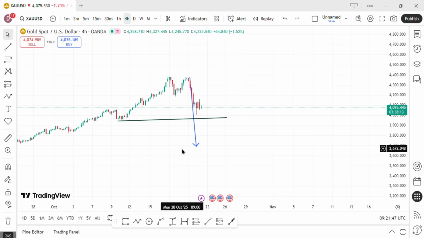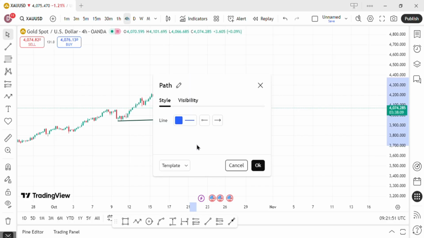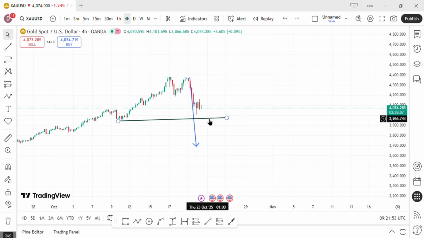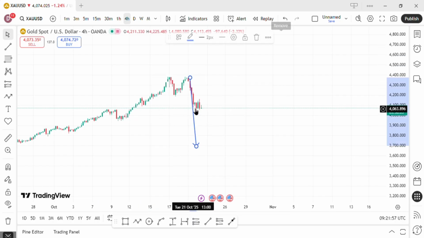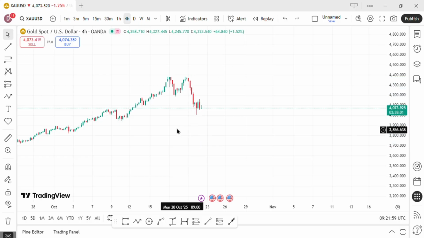So seeing this, there's a change of character, and after the change of character, you can see a bit of consolidation right here. That means there is a tug of war between the buyers and the sellers.